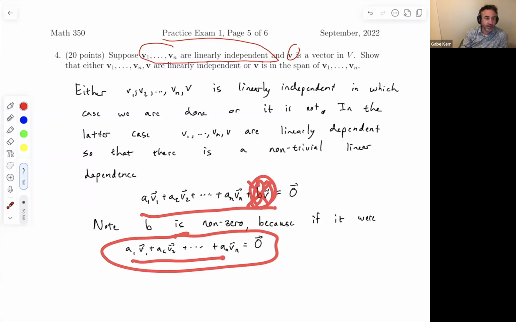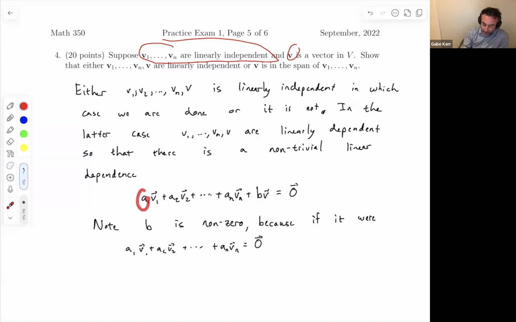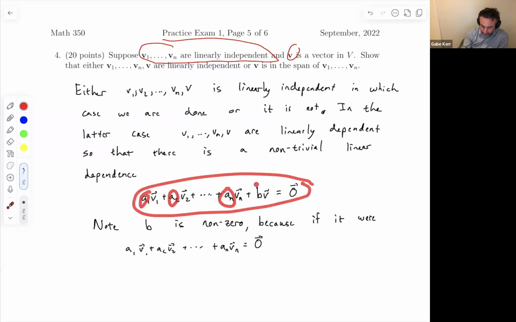In other words, what does that mean? We said it is linearly dependent, meaning there is a non-trivial linear dependence, which means that there is an equation like this, where at least one of these must be a non-zero scalar. If all of these coefficients are 0, it's a trivial linear relation.